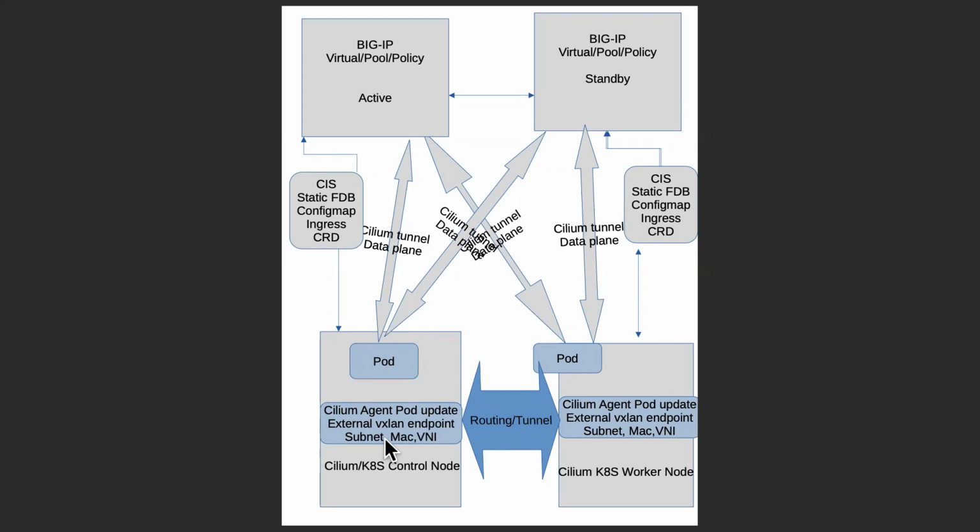So you can deploy a bird or BGP router for the Cilium, but between the Cilium node and the BIGIP, we still use the VXLAN tunnel. This makes it more flexible. You can use BIGIP in Cilium routing mode or tunnel mode. So I'm going to do a demo for that.